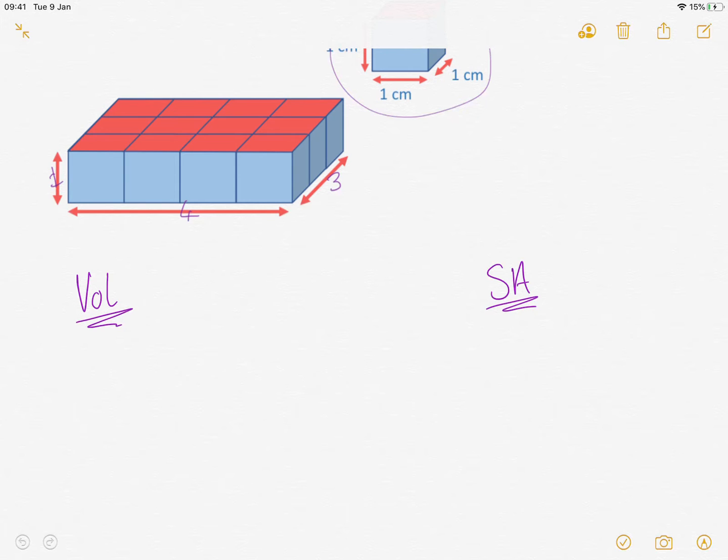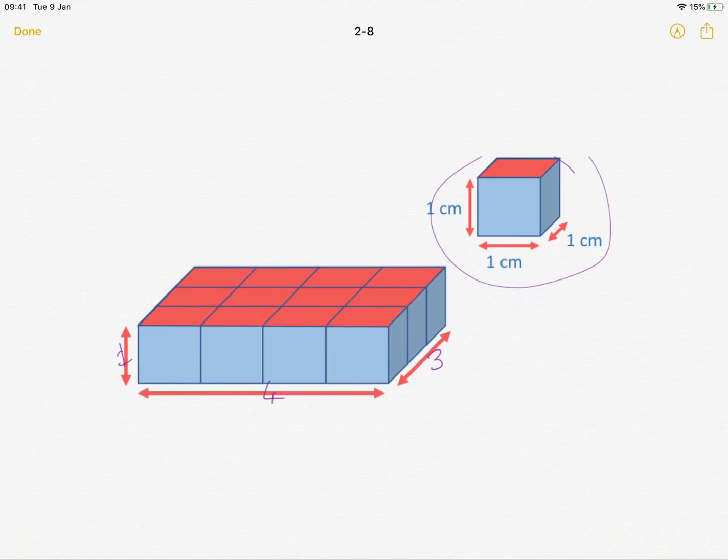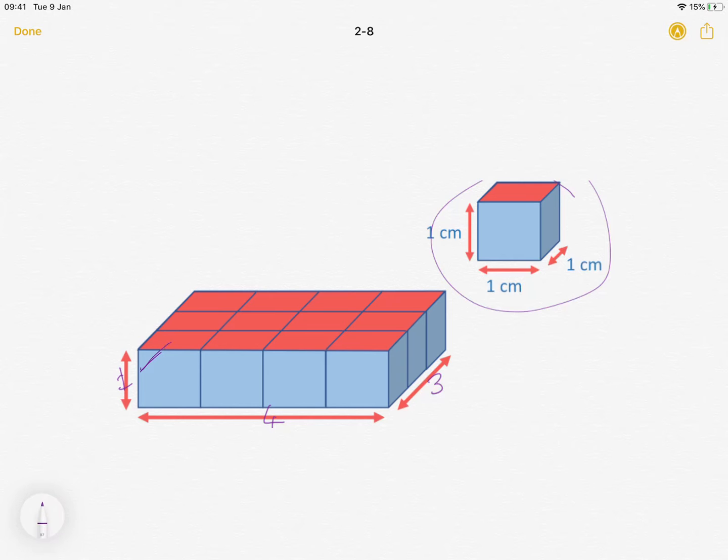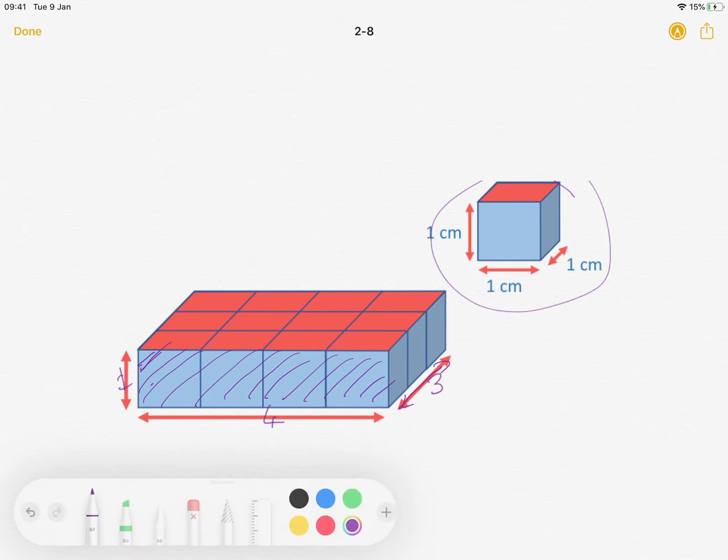Or another way to think of it is, remember a prism, volume of a prism is area of cross section times by length. So in this case, the cross section is this rectangle here. So the area of it would be 4 times 1. Then my length is times by 3.